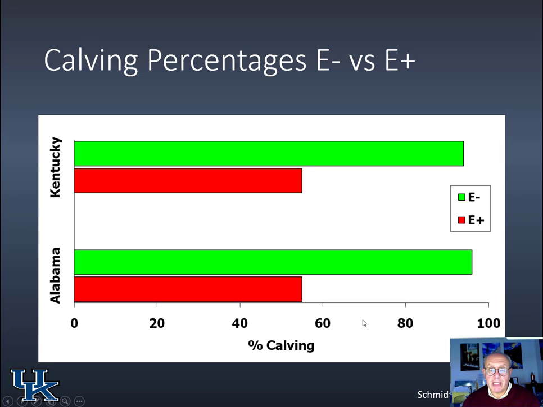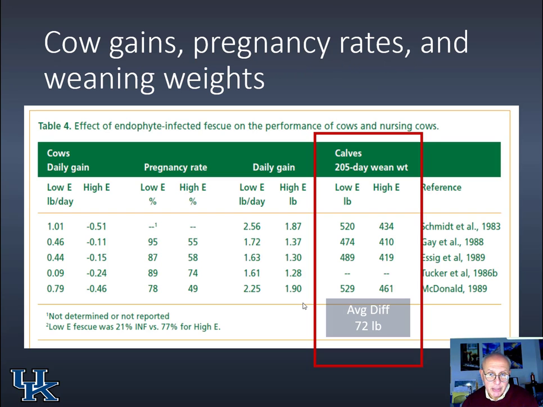I do want to mention that calving percentages vary quite a bit with E- and E+ tall fescue. When we don't have the endophyte, we have 90 plus calving percentages. With the endophyte, we have between 50 and 60. The endophyte has a negative effect across the board: cow gains, pregnancy rates, and weaning weights.